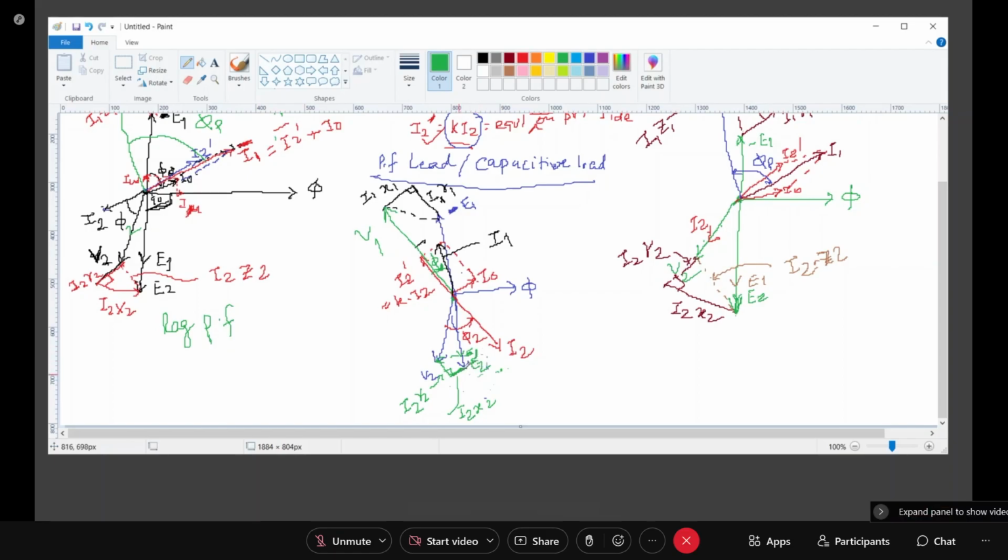This is E2, and this is E1. So E2 is smaller than V2, that you will observe. To V2 we are adding the drop I2 R2 and 90 degree to that I2 X2, and we are getting E2. So this way it will happen. Clear? Understood or not?